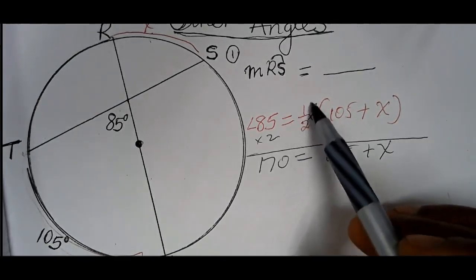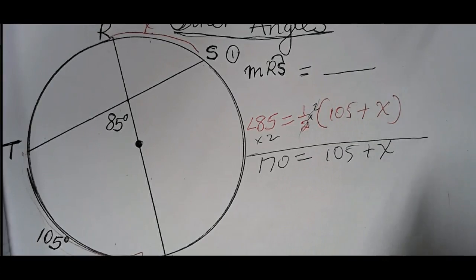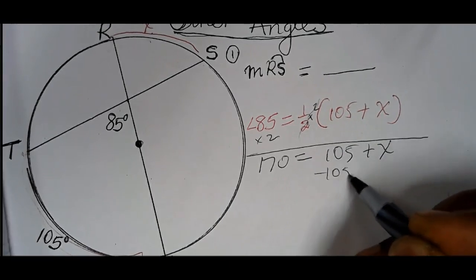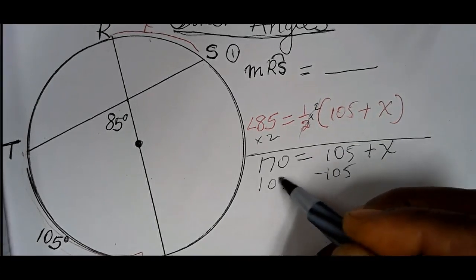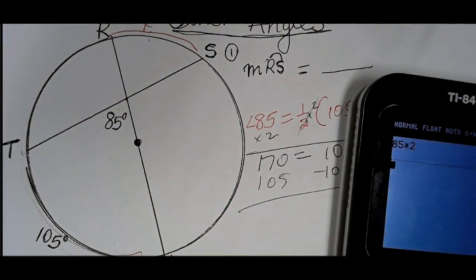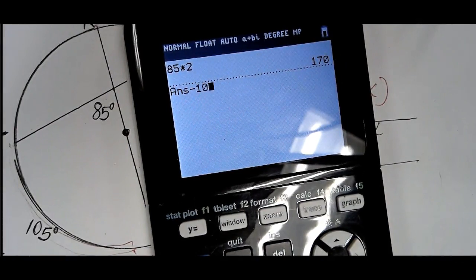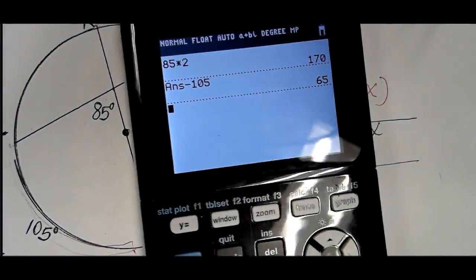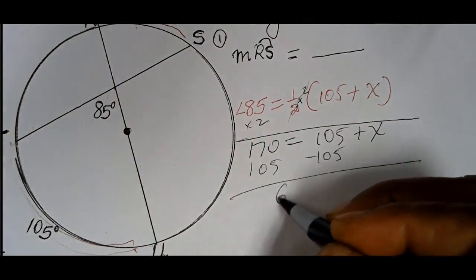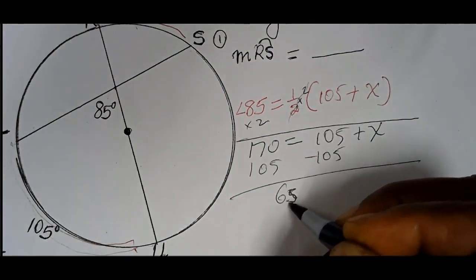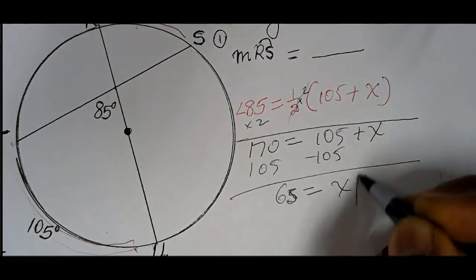That multiplication got rid of the 1/2. Now we subtract 105 from both sides. So 170 minus 105 is 65. So 65 is equal to x.